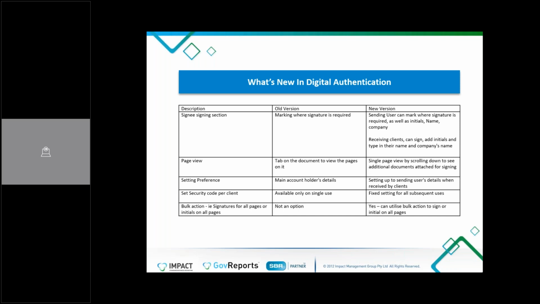The set security code per client, on the old version, was available on a single use, but now you can fix it so that it can be used for subsequent uses. The ability to have signatures for all pages and initials on all pages was not available in the older version, but it is now available in the newer version.